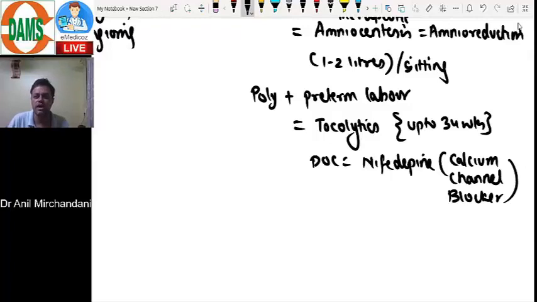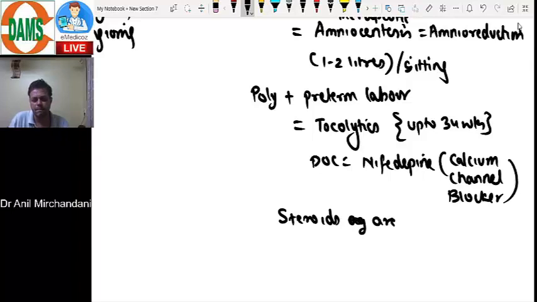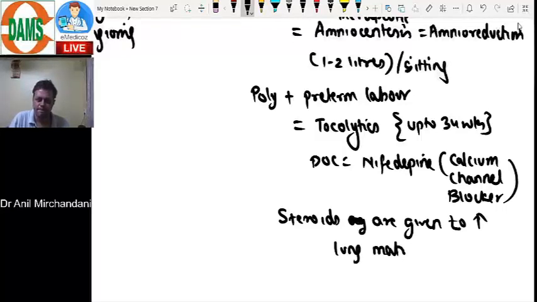Now, this tocolytic therapy will buy us time for giving steroids for lung maturity. Yeah, steroids are given to increase lung maturity.